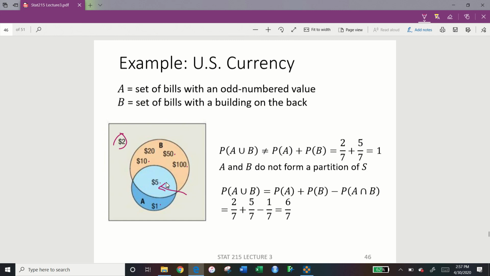So this should be a good indication that we need to use Rule 4A, which is the probability of A, which is the 2/7, plus the probability of B, our 5/7, but because we counted 5 once too many, we need to subtract it out. So minus 1/7, which will give us 6/7. Hopefully this is not too bad. If not, you may want to take some time and do some extra practice.